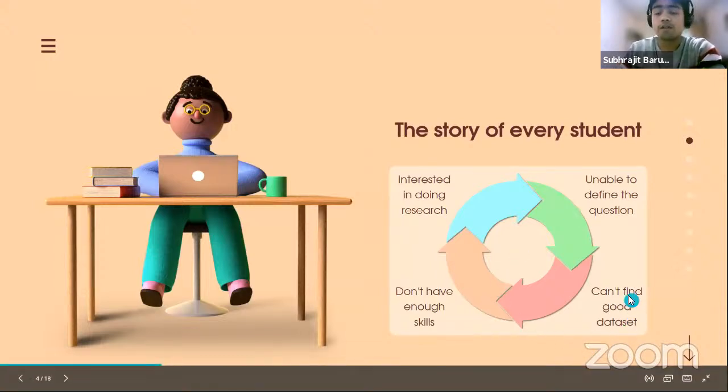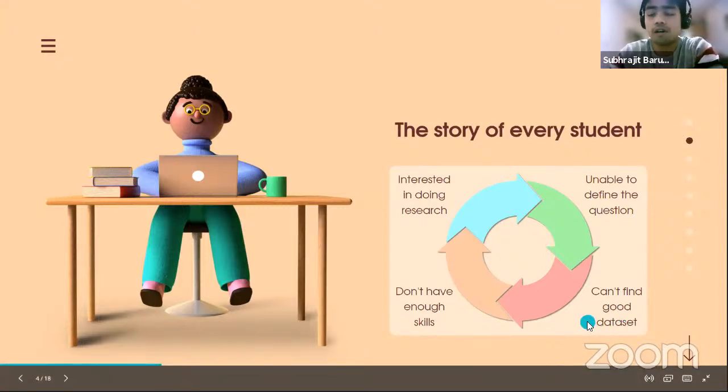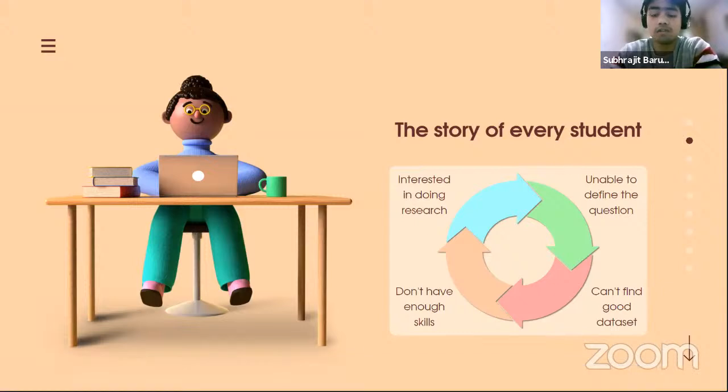Sometimes one of the major hurdles while doing any research project is that we can't find a good data set, just like Dr. Raghava and also Ilya earlier were talking about, that finding a good data set which is curated and which is worthy of analysis bioinformatically using the various tools and algorithms statistically is a major challenge and a very difficult task.